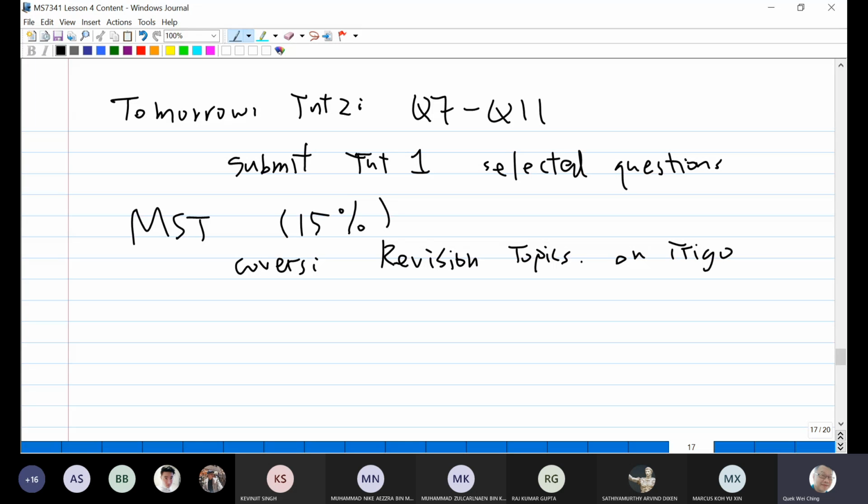Then chapter 1, and chapter 2 up to and including law of cosine.